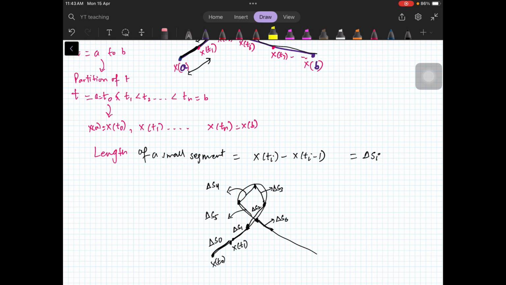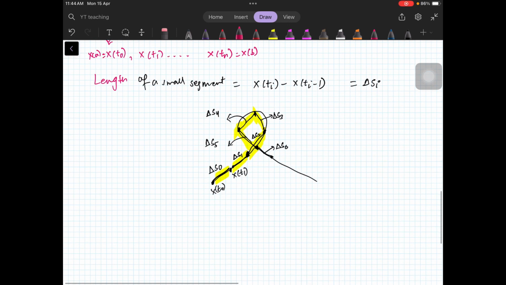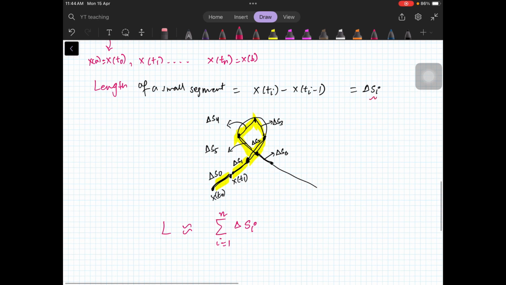Now if I add all these segments, I will get an approximation to the length of my curve from A to B. So what we are saying is that the length can be approximated by this sum, i from 1 to n of delta si.